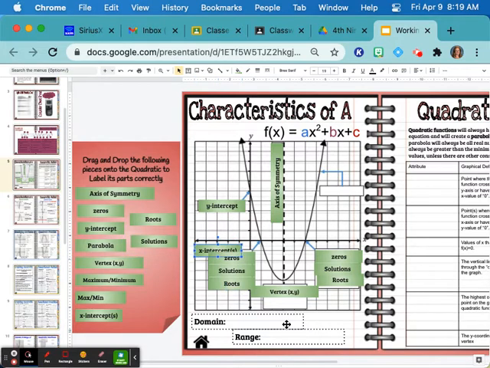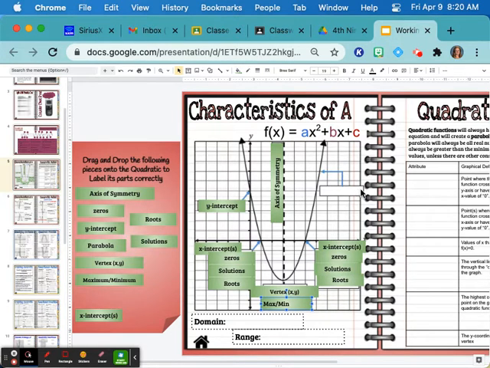I think I'm going to put it right there. Where else will I put, or where let's see, vertex is at that bottom point right there, which is also known as our min and our max. We have one more spot.